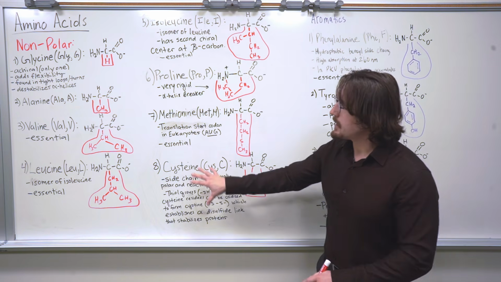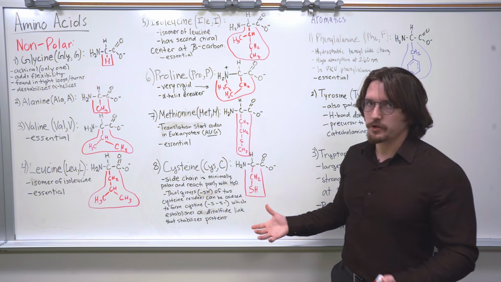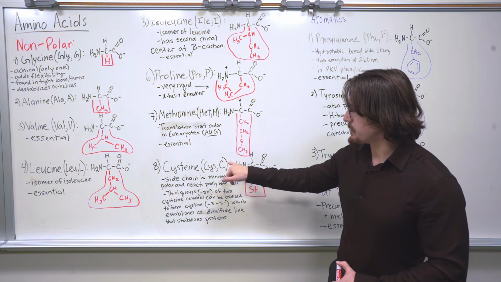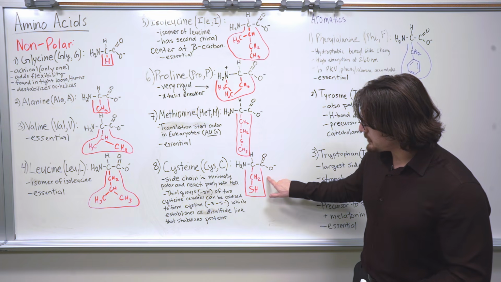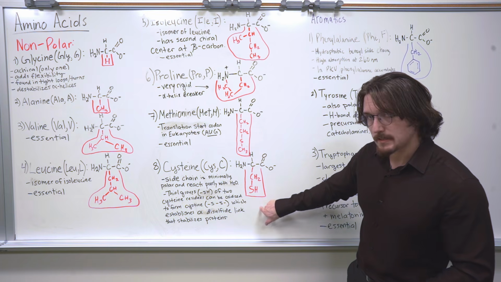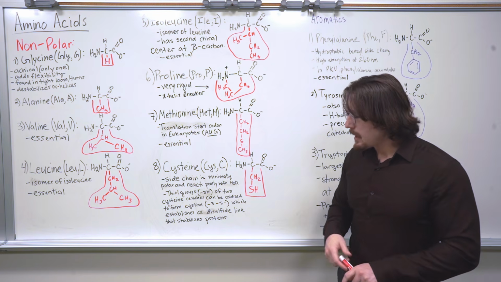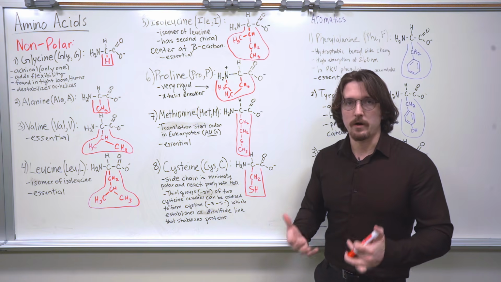And then lastly, amongst the nonpolar amino acids, an amino acid that can be sort of controversially classified as nonpolar, it's cysteine. So CYS or C, all right? And notice that the side chain here is a CH2 group and then the thiol group, SH. Now, this thiol group, it is actually slightly polar, but it's not polar enough to where it really significantly interacts with water molecules.